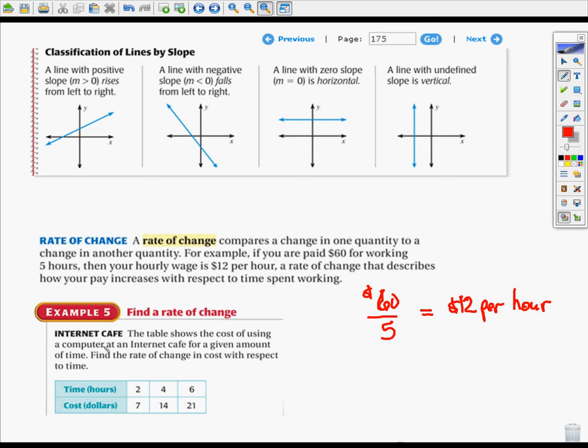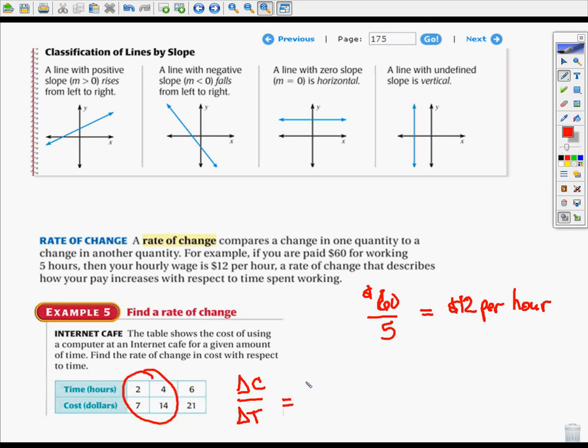So the table here shows the cost of using a computer at an internet cafe for a given amount of time. Find the rate of change in cost with respect to time. All we have to do is take two sets of values. I'm looking at the change in cost over the change in time. I'm just going to take these two values.